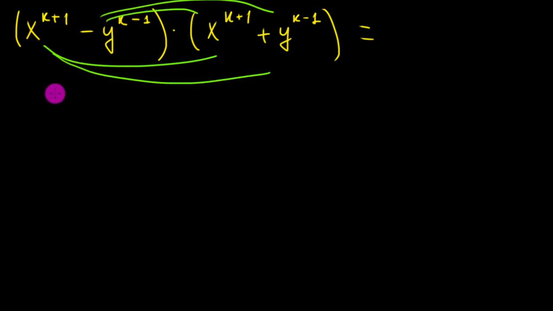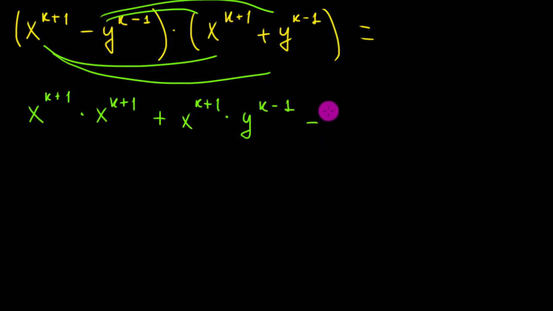So x to the power of k plus 1 times x to the power of k plus 1, then you multiply these two here, you will get x to the power of k plus 1 times y to the power of k minus 1. And then this one to this one, minus y to the power of k minus 1 times x to the power of k plus 1. And then the last one, this one to this one, you have minus y to the power of k minus 1 times y to the power of k minus 1.